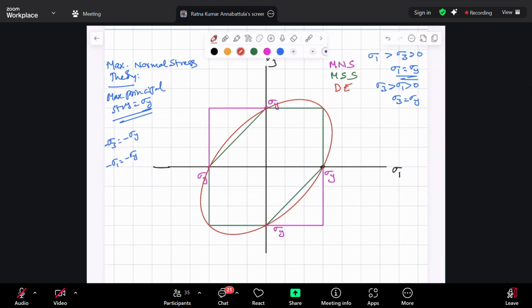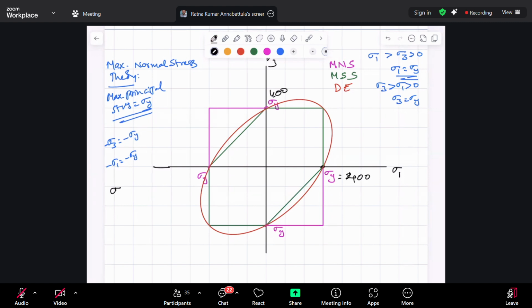Now, let us try to understand this a little bit carefully. Let us say you are applying load on a component, a state of loading wherein sigma y is equal to 400.